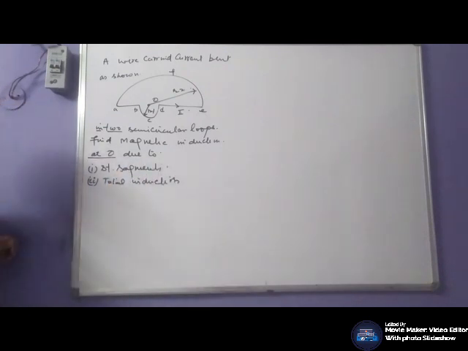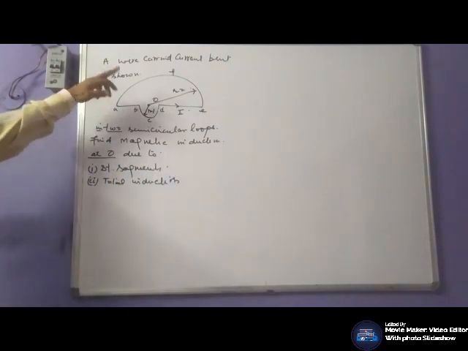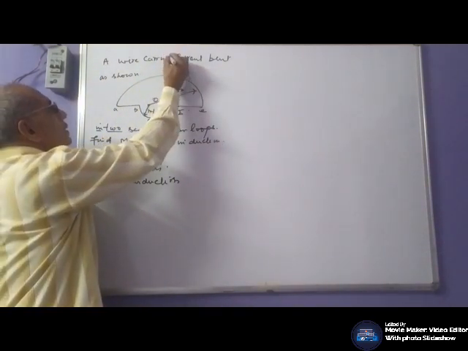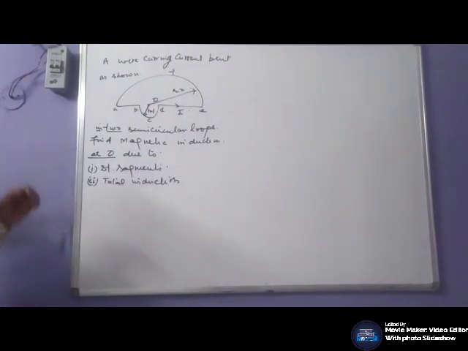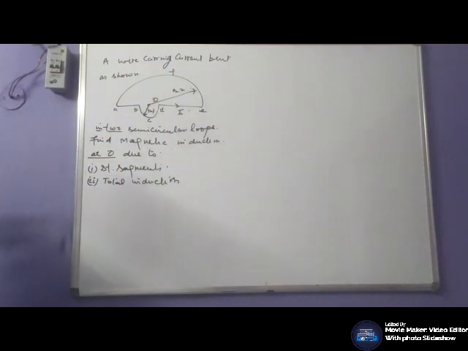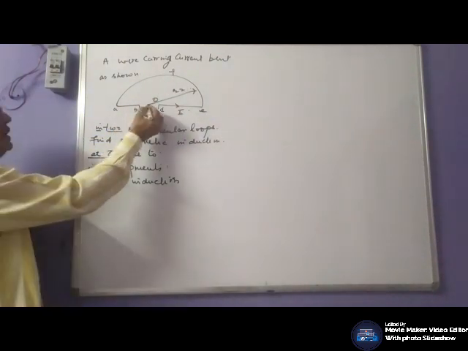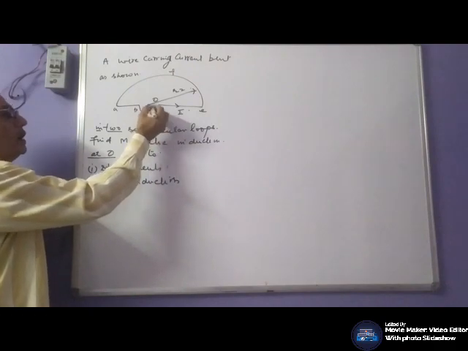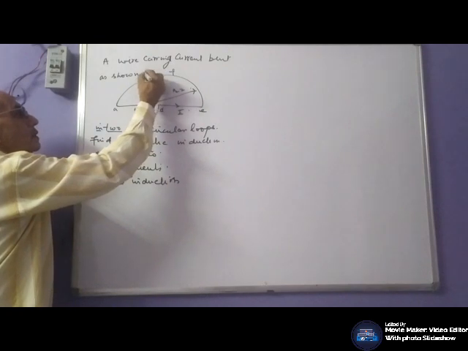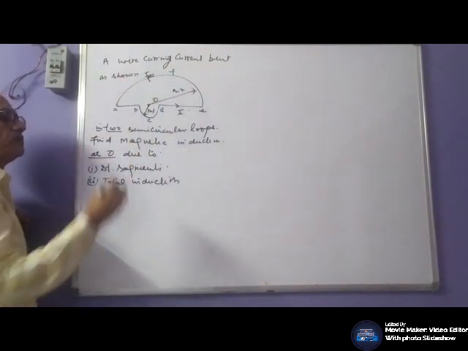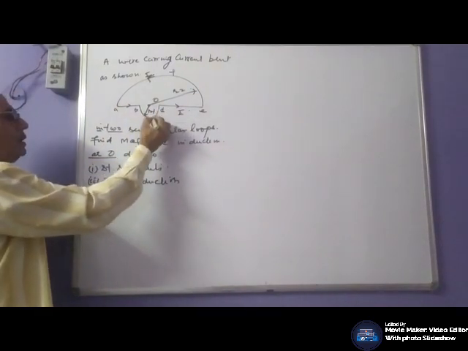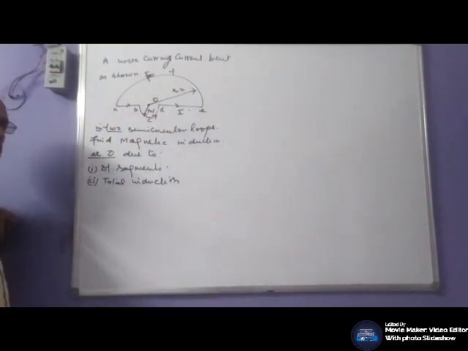This is the question. There is a wire carrying current bent as shown. If these are two semicircular loops, what is the magnetic induction? Radius of this is R1, radius of this is R2. This is the current, the direction of current.